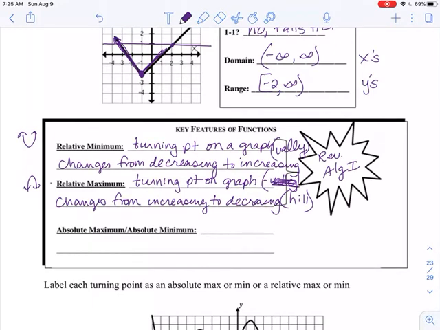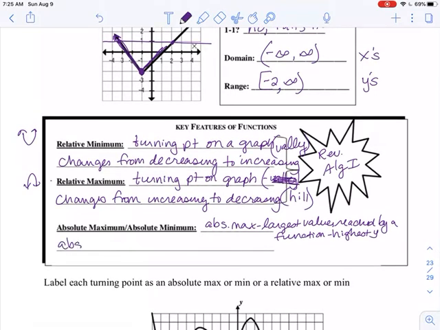Now the absolute max and an absolute min: the absolute max is the largest value reached by a function. It's the highest y value.